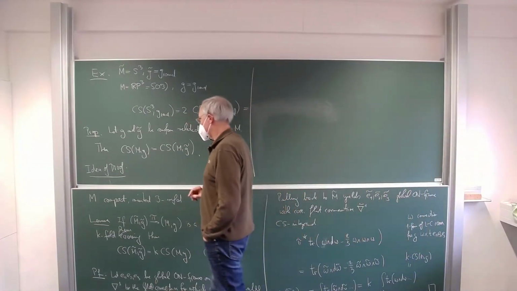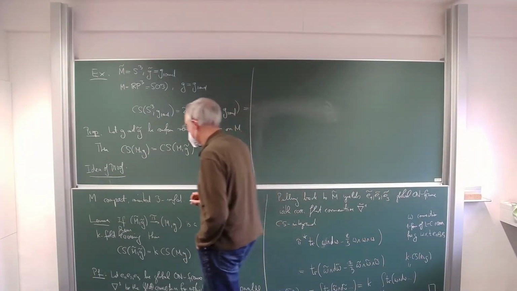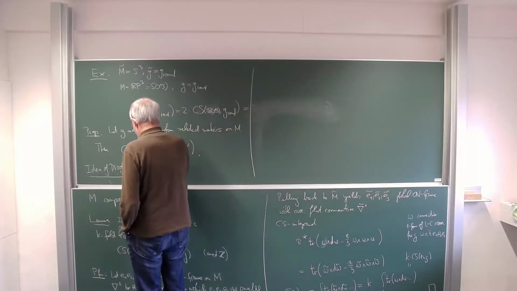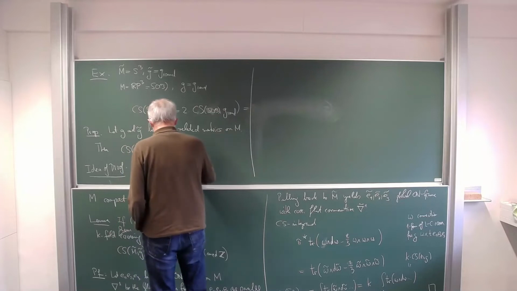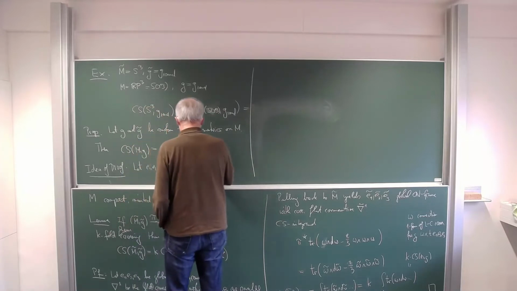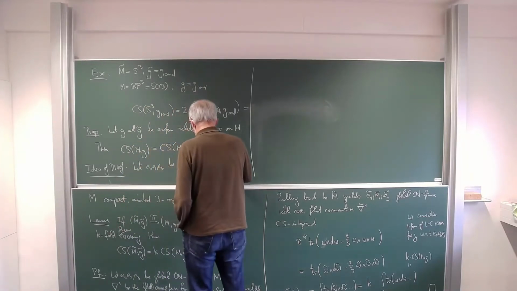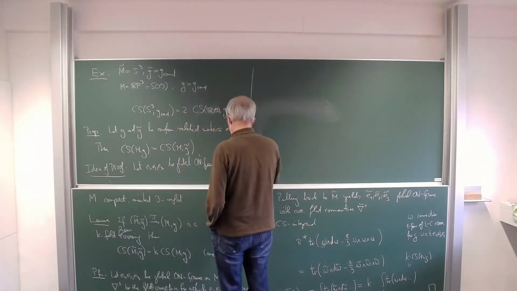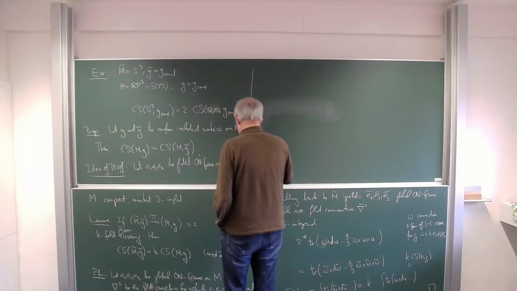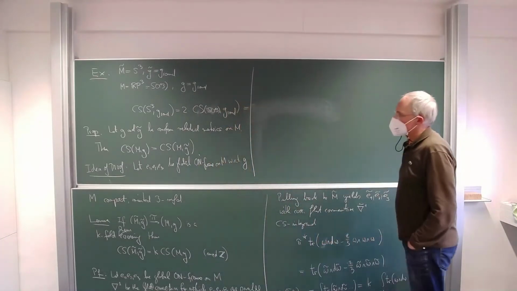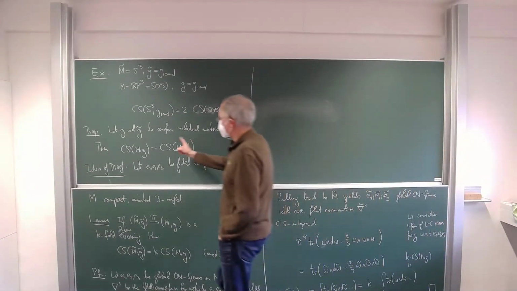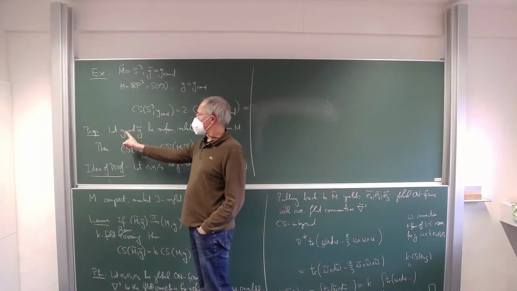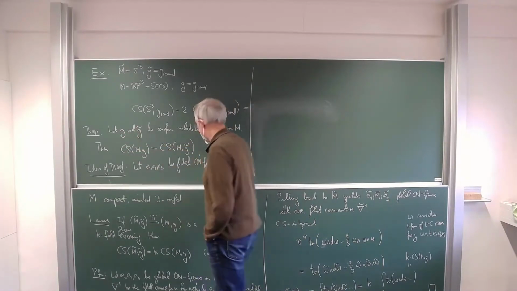So let E1, E2, E3 be a global orthonormal frame on M with respect to the metric G. Now, that the metrics are conformally related means this metric is a function times that metric.